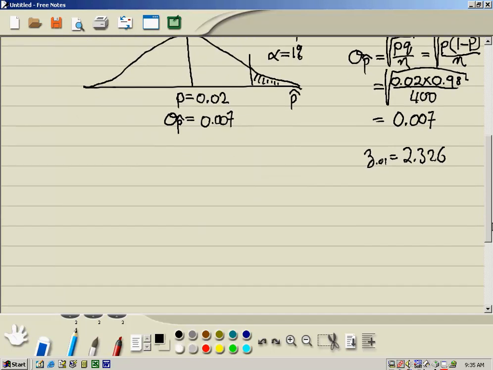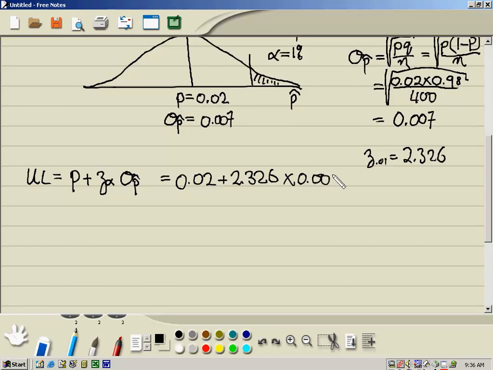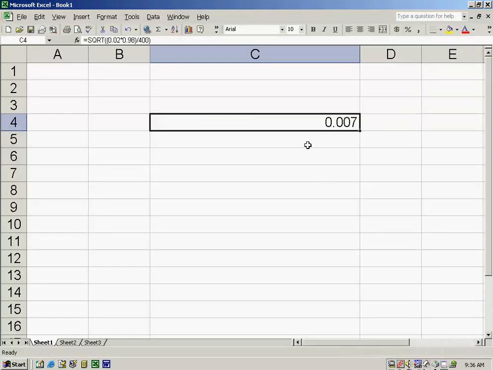Alright, now we're ready to calculate that upper limit. So, upper limit is equal to p plus the z-value with alpha in the tail times sigma sub p hat, which will be 0.02 plus 2.326 times 0.007. Alright, so now let's go back to Excel and work that out.